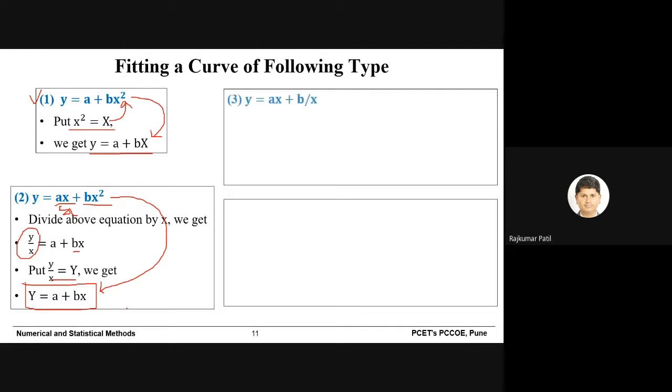Let's take another example. y is equal to ax plus b by x. For this particular equation, you can multiply the given equation by x. When you do it, y becomes xy, b by x becomes b, and ax becomes ax square.